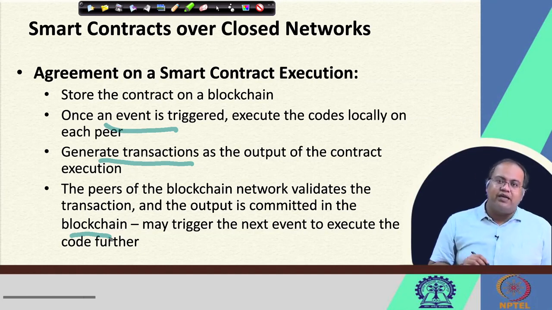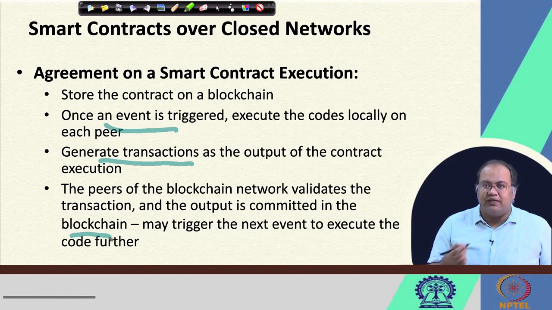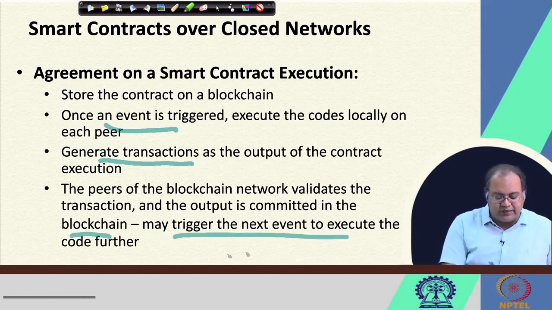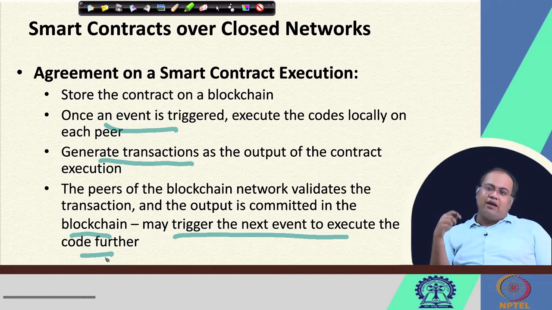To do this kind of automated triggering, we commit the previous transaction in the blockchain, and this commit operation may trigger the next event to execute on the code. That way we can take the help of a blockchain and run the contract in an intermediate way.